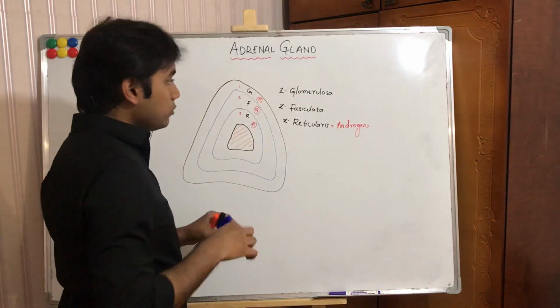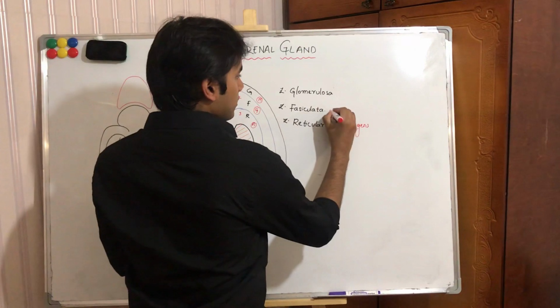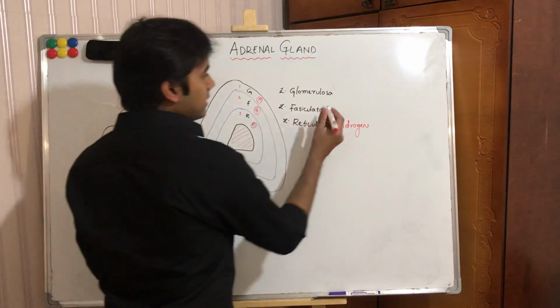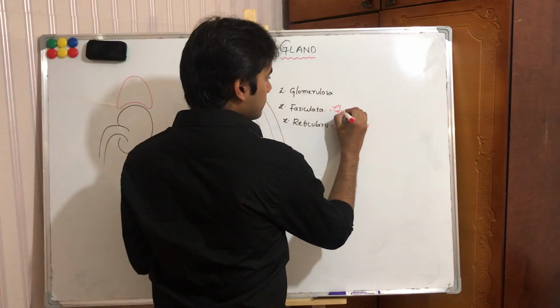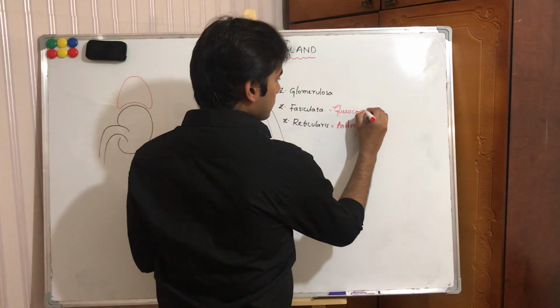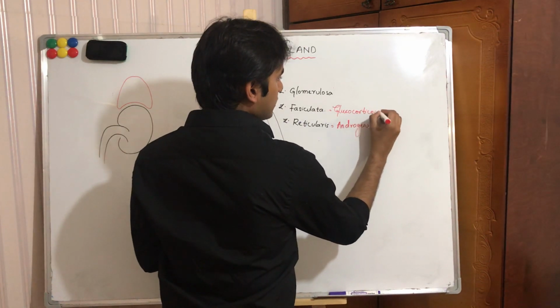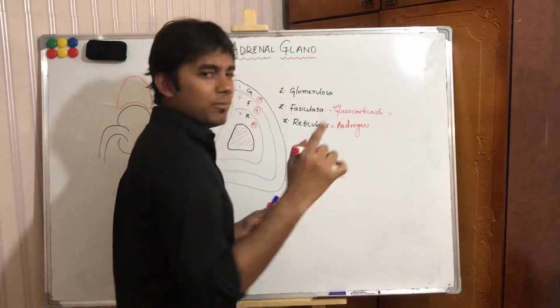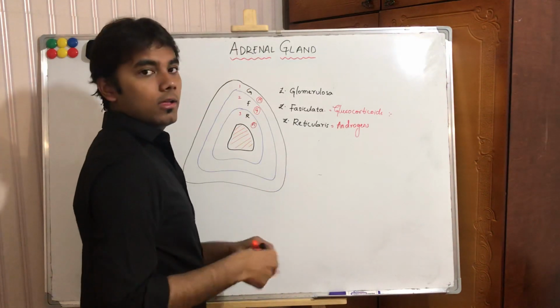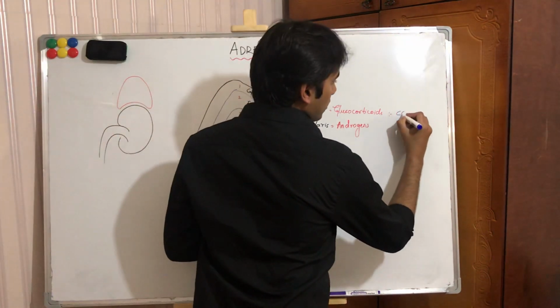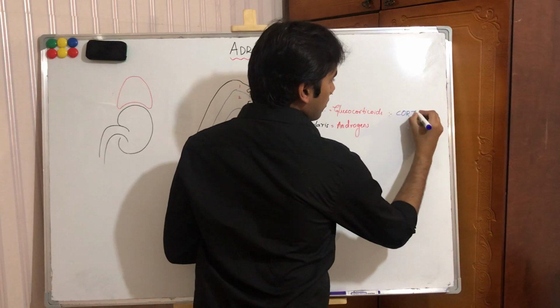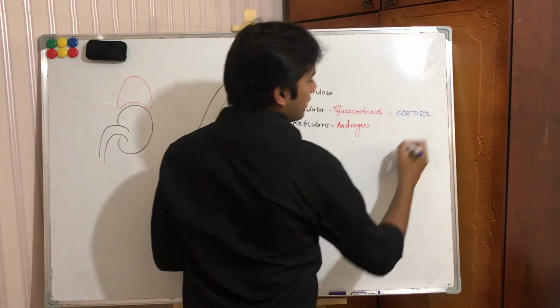Next, zona fasciculata. What is zona fasciculata? Here it is G. G in the sense of glucocorticoids. One example of a glucocorticoid is cortisol, the most important glucocorticoid. Why am I telling you it is most important?